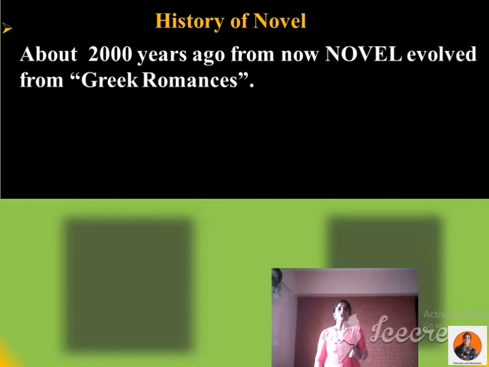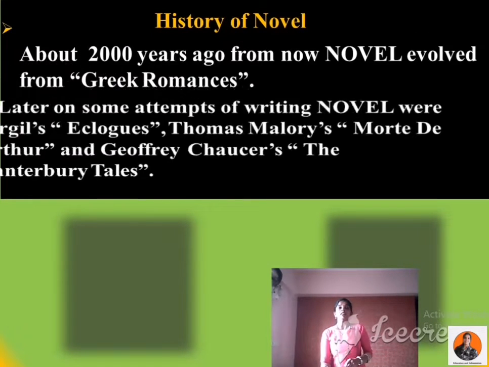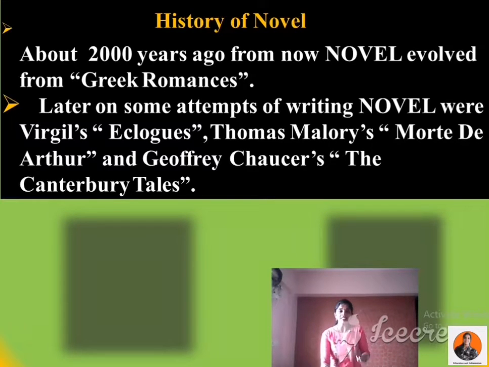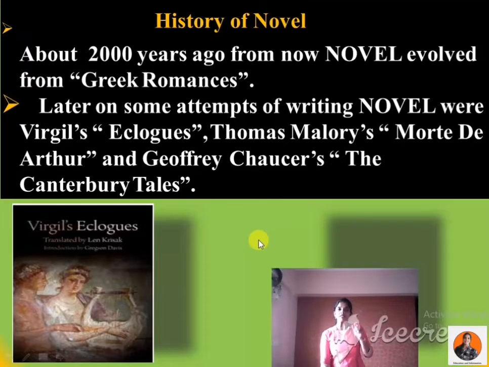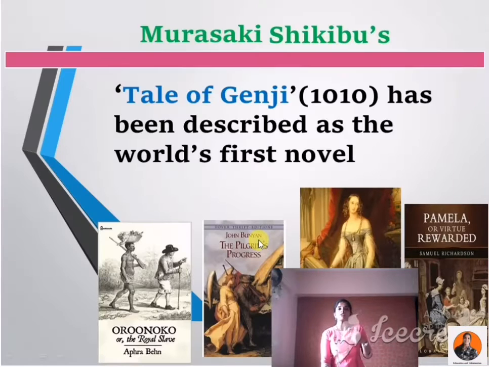About 200 years ago, the novel evolved from Greek romances, and later on some attempts at writing novels were Virgil's Eclogue, Thomas Malory's Morte d'Arthur, and Geoffrey Chaucer's The Canterbury Tales. Now, Murasaki Shikibu's The Tale of Genji in 1010 has been described as the world's first novel.